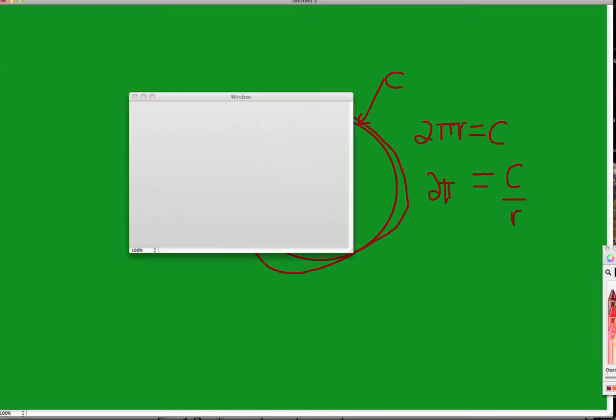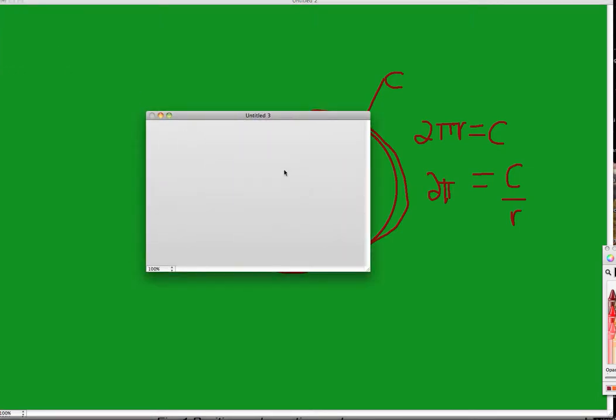So let's see where this discussion of angles and radians will take us here. We look at an angle here again.